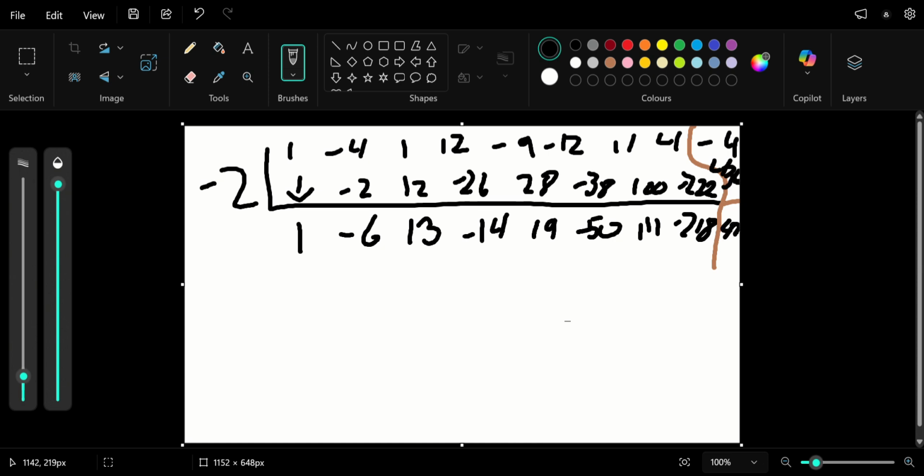So on the bottom we have a 4, 3, 2. Sorry it's kind of squashed.